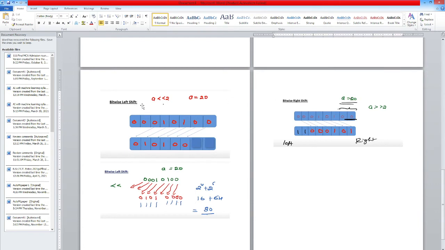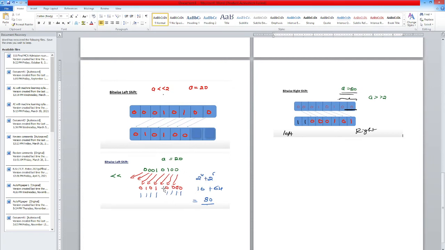Here, bitwise left shift. Suppose this is the binary number of 20, then left shift 010100 by 2 bits. We have to shift 2 bits left. Then it gives 010100, and we have to remove those 2 bits from the left, and here add 2 zeros for 8 bits.